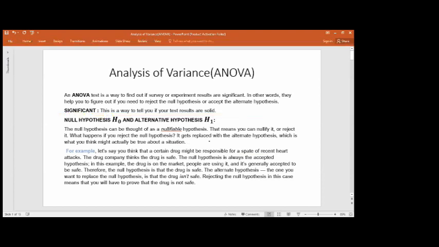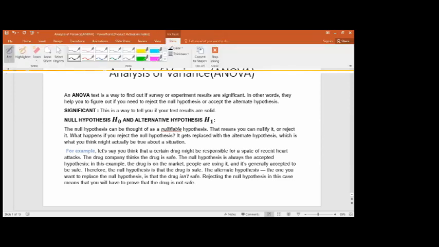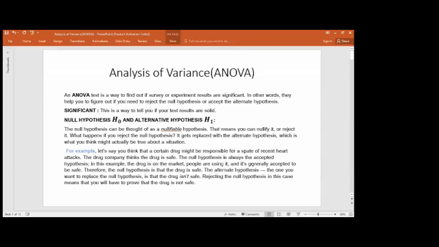The alternate hypothesis is what you think might actually be true, for example about a certain drug. The null hypothesis is the natural hypothesis which always exists. In this example, the drug is on the market, people are using it, and it's generally accepted to be safe.